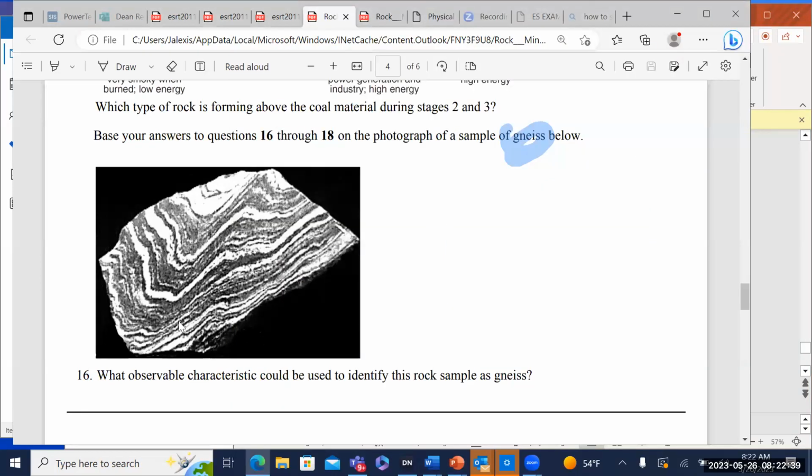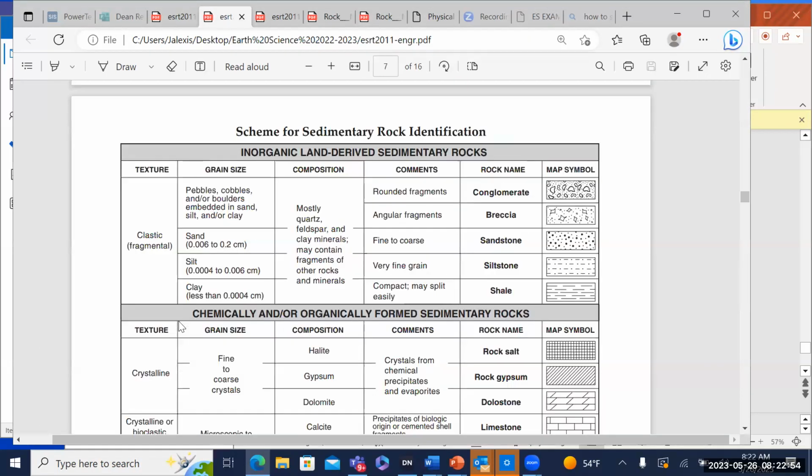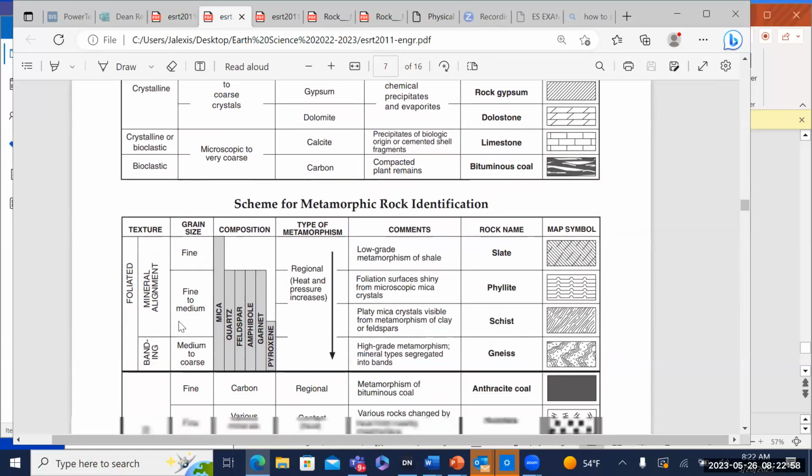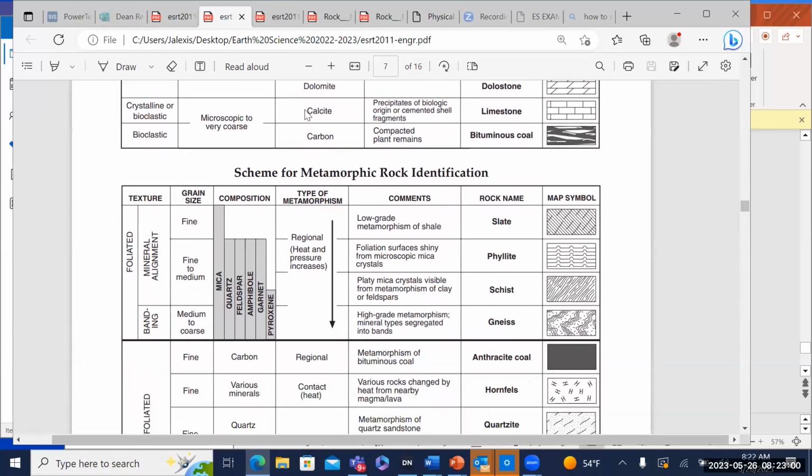Let's say, for example, you don't know how to describe it. The reference tables also give us a clue as to the acceptable answer that I saw many people write as well. The rock that we're dealing with is gneiss, and gneiss is a metamorphic rock.